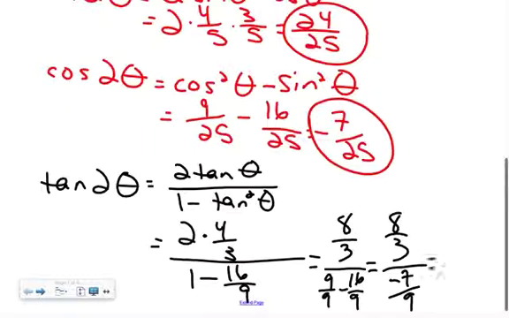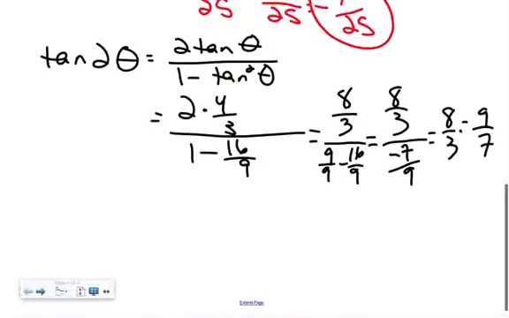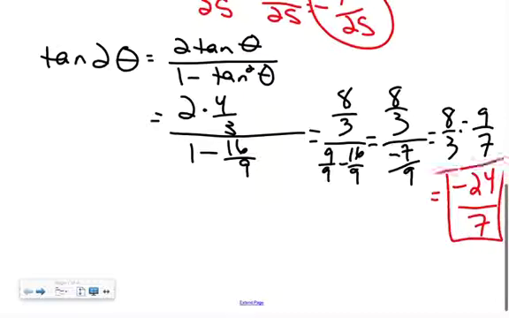But then I'm going to rewrite that division as multiplication and get 8/3 times negative 9/7. And when I simplify this, I have negative 24/7.